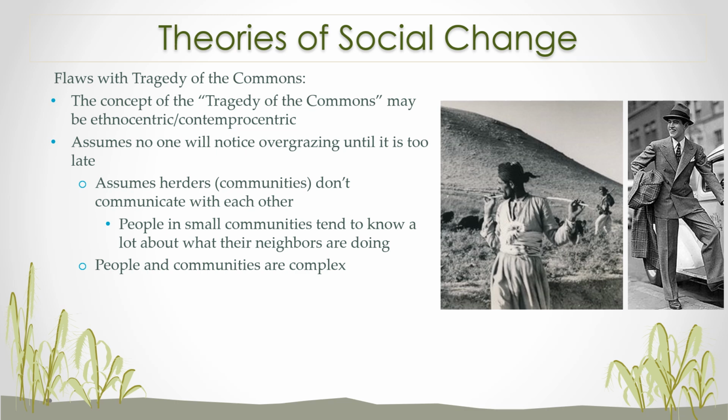So, to emphasize why it is so ethnocentric, when we talk about the tragedy of the commons, it looks like this is a problem for those dumb shepherds, and aren't they silly and stupid, those farmers, and why would they trust each other that way? What a bunch of rubes. The reality of the matter is that our Mr. Economist, who came up with this idea, did not understand those herding communities, right?